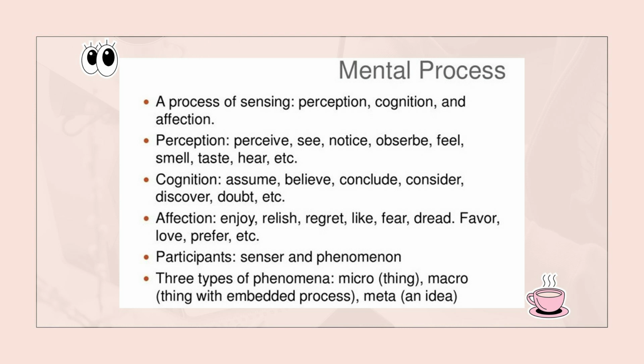So the mental process is a process of sensing: perception, cognition, and affection. The perception consists of perceive, see, notice, observe, feel, smell, taste, hear, etc. And then the cognition consists of assume, believe, conclude, consider, discover, doubt, etc. And then the affection consists of enjoy, relish, regret, like, fear, dread, favor, love, prefer, etc. And then the participants are the sensor and the phenomenon.